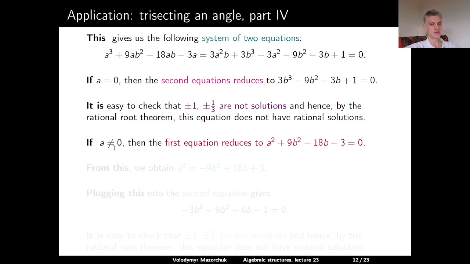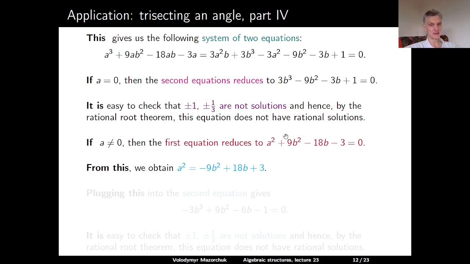Now if a is non-zero, then the first equation can be divided by a because it's non-zero, and then it reduces to a squared plus 9b squared minus 18b minus 3 is equal to 0. And from here we can write a squared as minus 9b squared plus 18b plus 3.